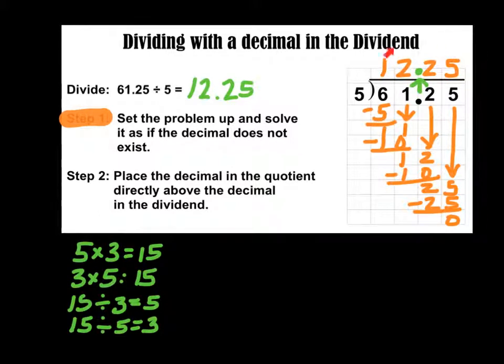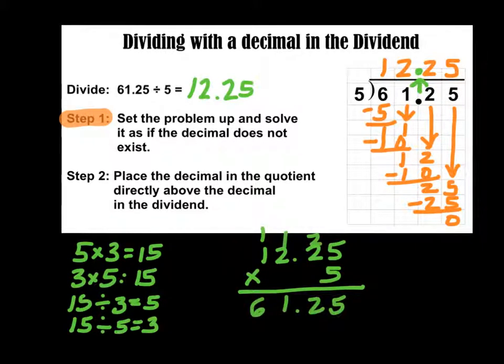If I take my quotient and I multiply it by my divisor, I should get my dividend. So I'm going to do that down here at the bottom and see if I get the same answer. That will tell me if my quotient is correct. And after I multiply, I do get the answer of 61 and 25 hundredths, which does match my dividend, so my answer should be correct.